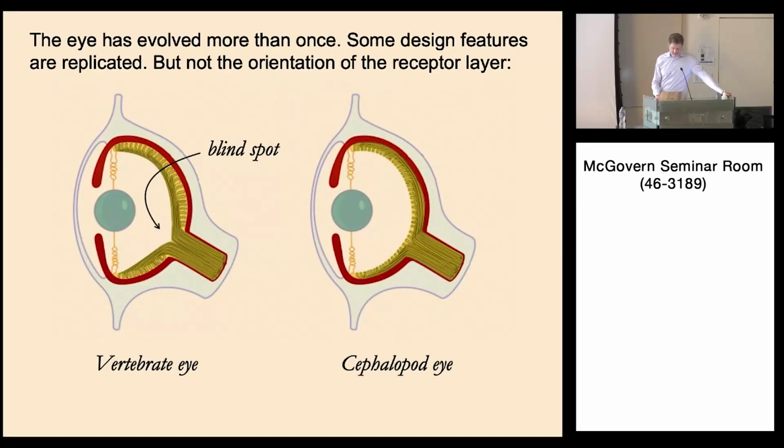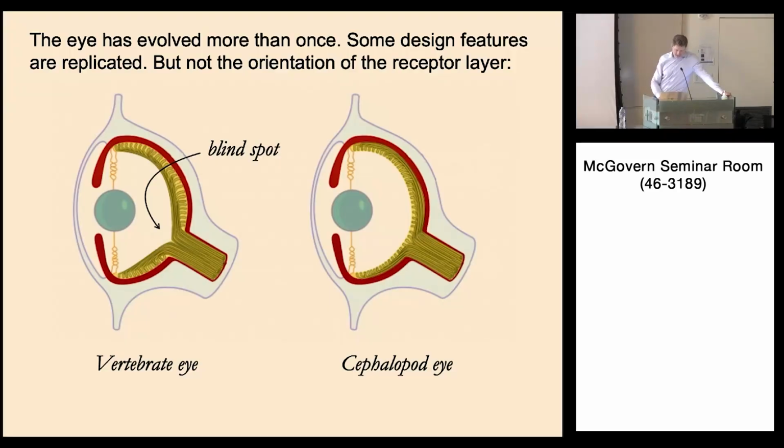And some evidence for this comes from species comparisons. The eye has evolved many, many times. If you look across all the different species that exist, you can see things that look like eyes in most of them, but there will be interesting differences and similarities, right?